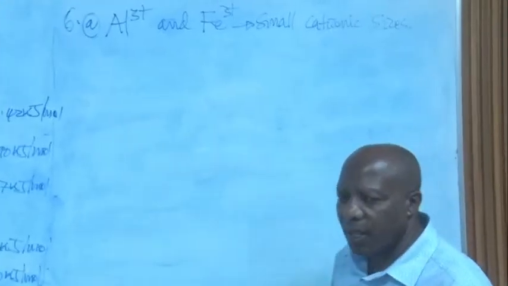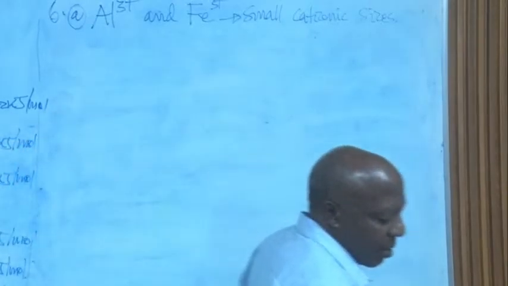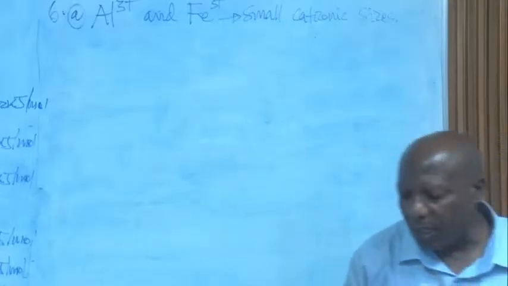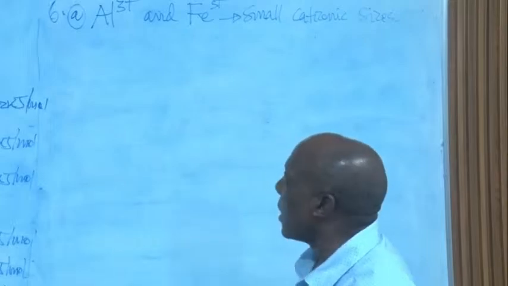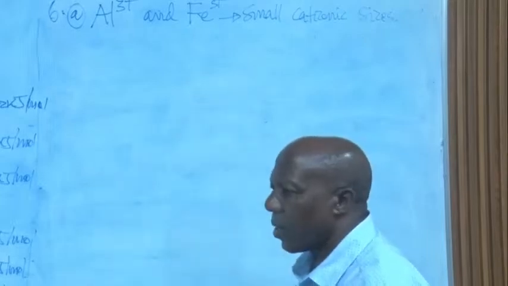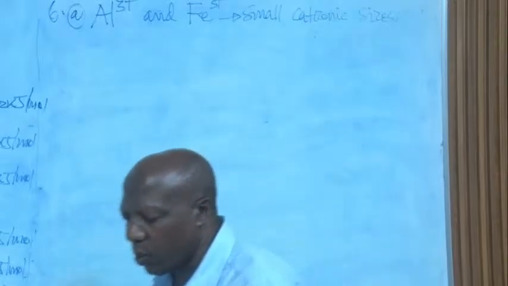Now because of their small ionic sizes, once they are approached by carbonate, instead of reacting and forming the carbonate, they break down the carbonate into carbon dioxide and the other products.